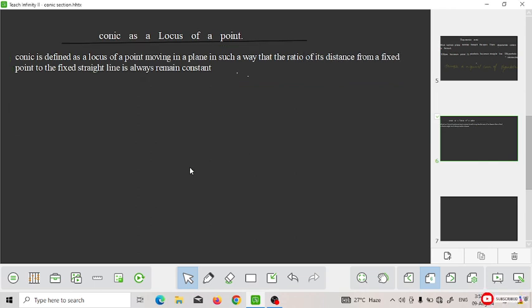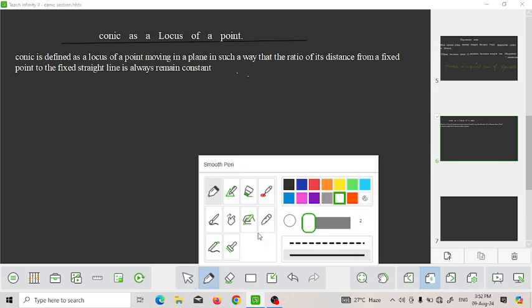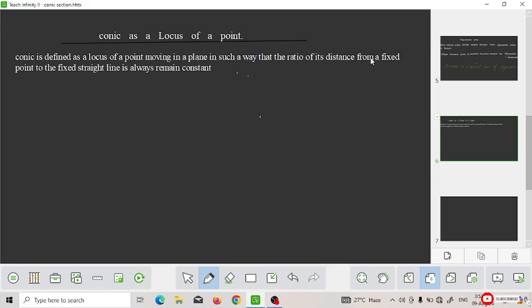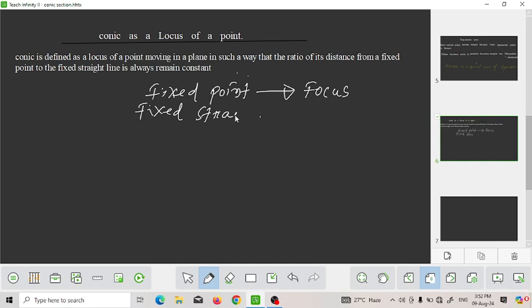The fixed point is called the focus, and the fixed straight line is called the directrix.